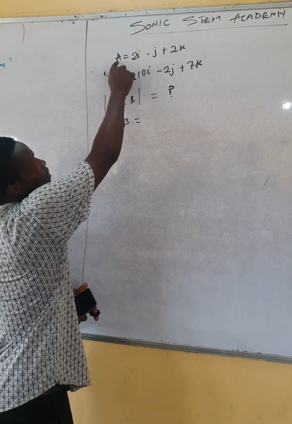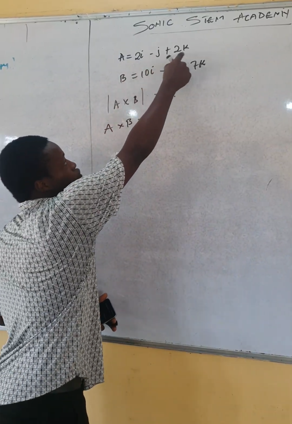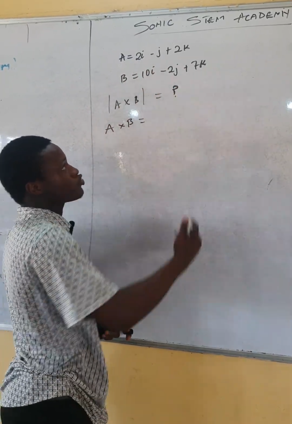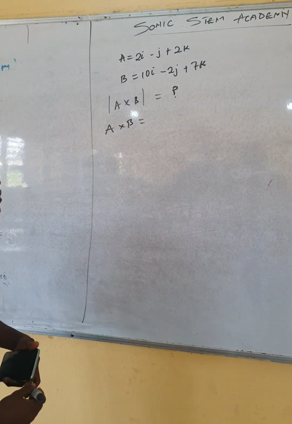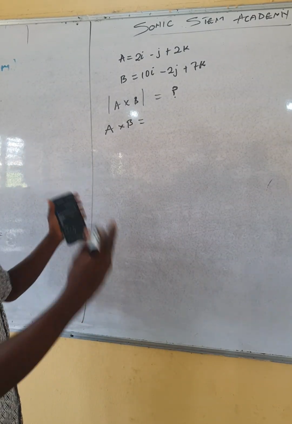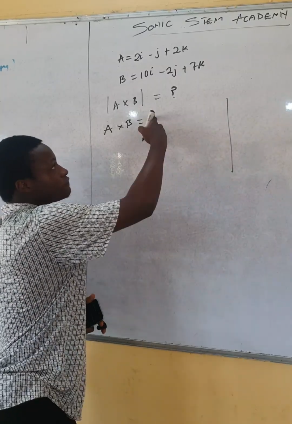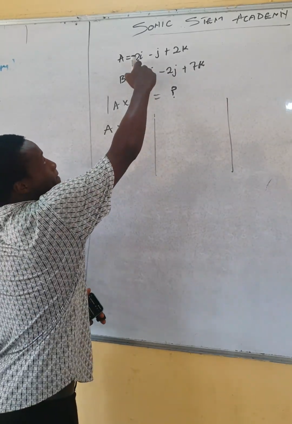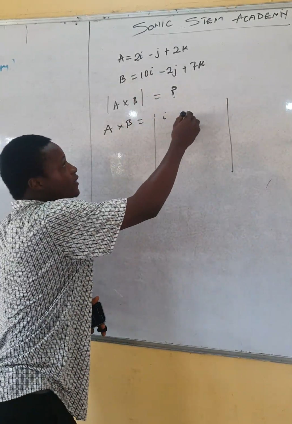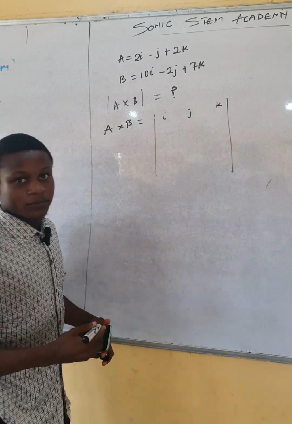So now I have vector A equal to 2i minus j plus 2k, and vector B, 10i minus 2j plus 7k. How do I represent this in matrix or determinant form? My first row will have my unit vectors, which are I, J, and K, put together.